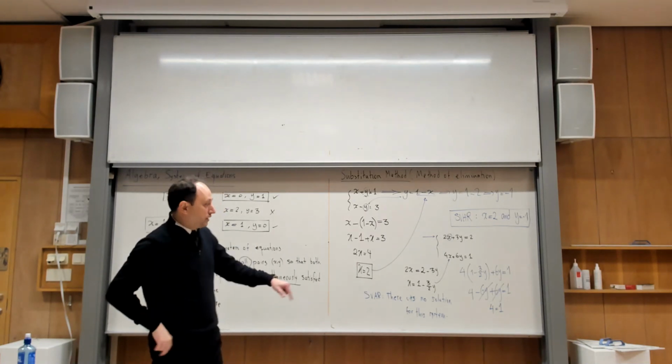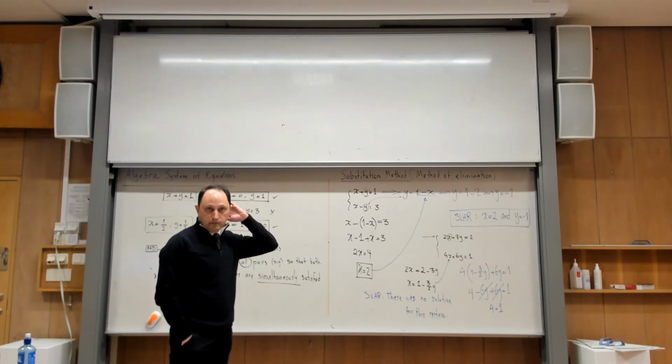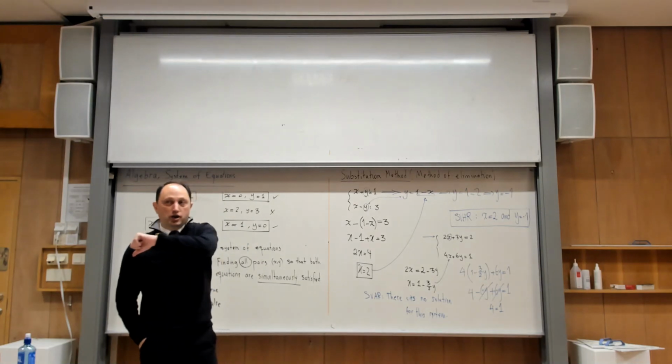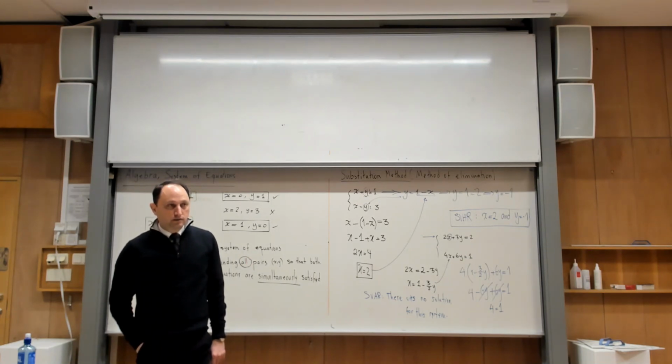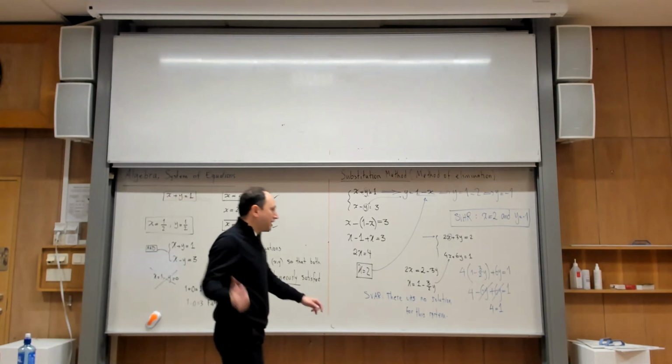Because from algebra you know there is no solution. So what is the interpretation of this when I go to geometry? The two lines won't cross. It means that the two lines are parallel. Right.